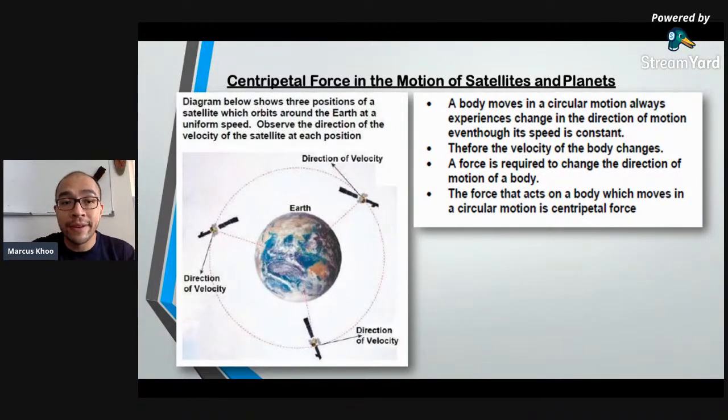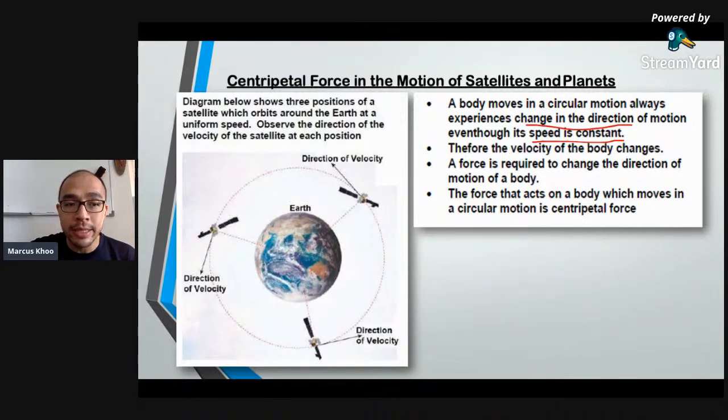We find out that when the satellites move, or when the moon moves around the Earth, or when the Earth moves around the sun, it is actually caused by a force that is called the centripetal force. So a body that moves in a circular motion always experiences a change in direction of motion, even though the speed is constant. Now, in our last chapter, we talked about this.